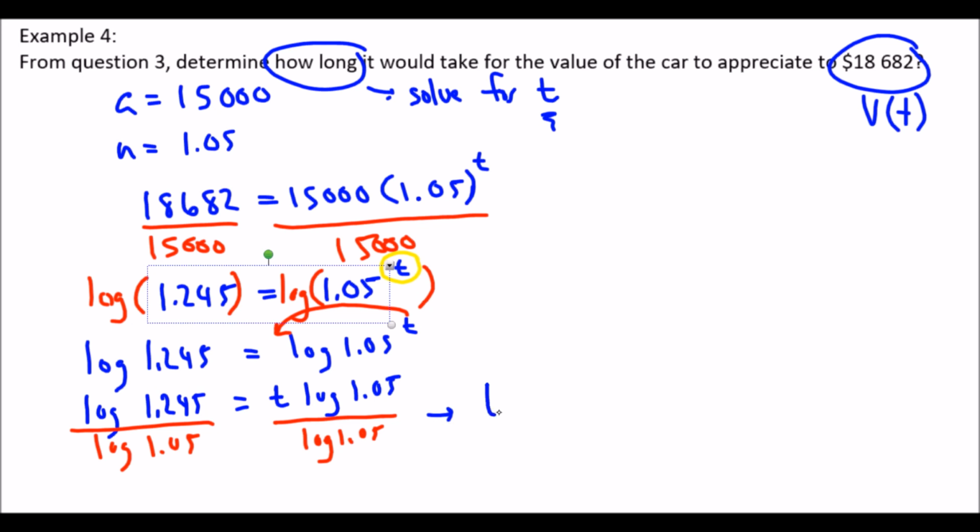And so what do I get if I do this? I get t is equal to log of 1.245 over log of 1.05. And so t is equal to approximately 4.5. All right.